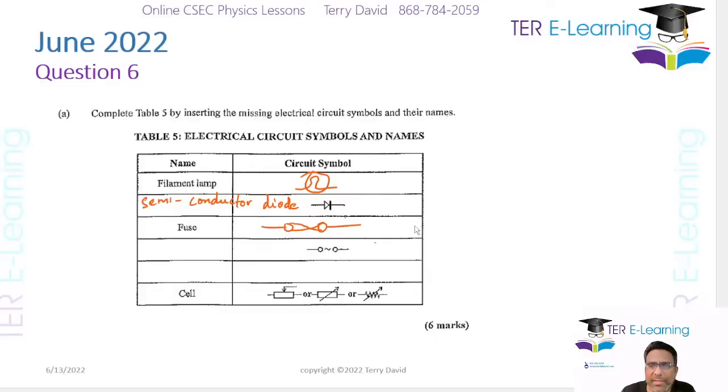I think the next one looks something like this, where you have a box. Any one of them could work for a fuse. The next one here is an AC supply. And they give you a space here, I don't know why, and what they have here is cell.